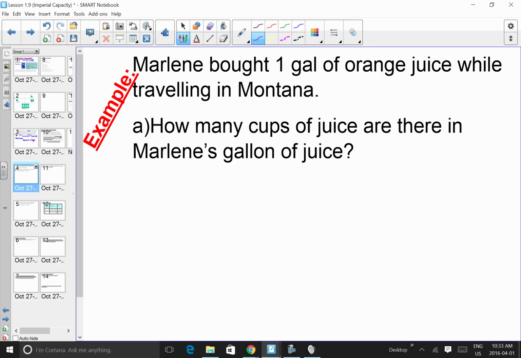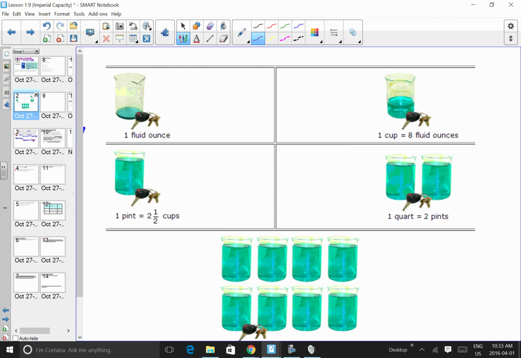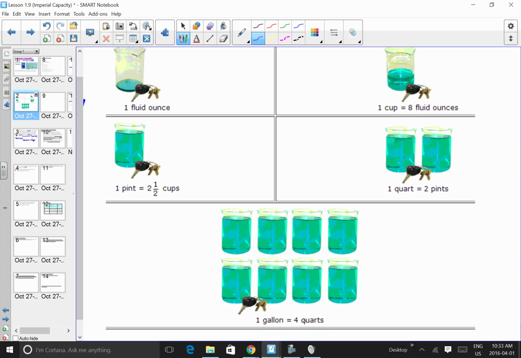Let's do another one. Marlene bought 1 gallon of orange juice while traveling in Montana. How many cups of juice are in this gallon? So we know that 1 gallon is 4 quarts, each quart is 2 pints, and each pint is 2.5 cups.